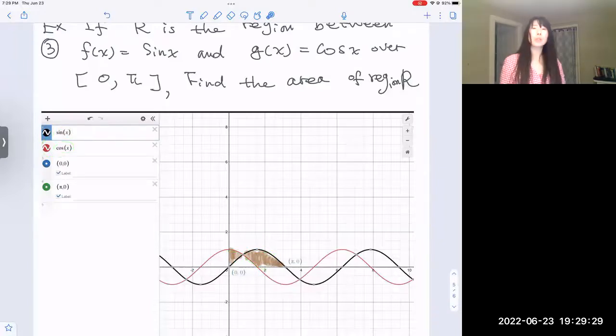So we're going to split it into two parts in this case. So let us do this: region 1, region 2, let's see. So this point will be pi over 4.